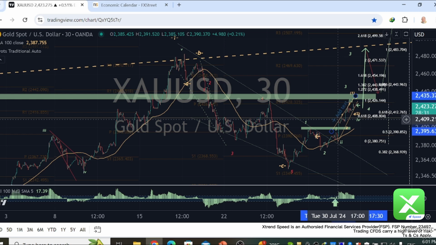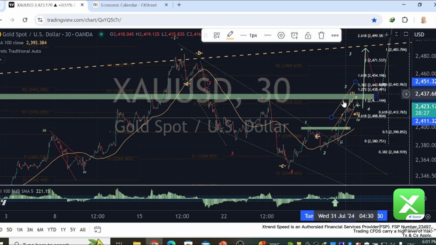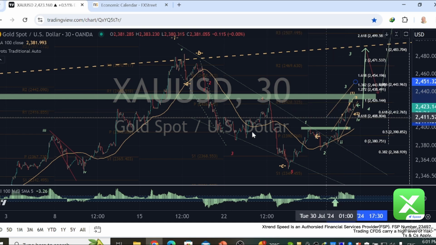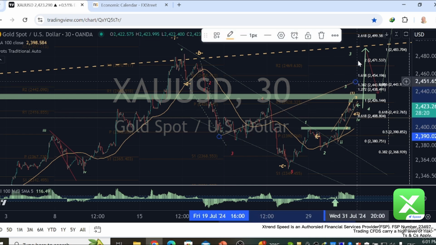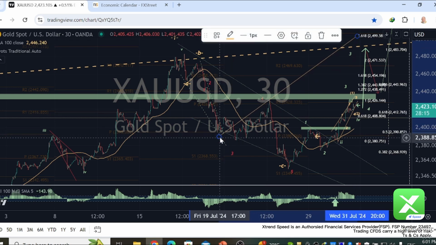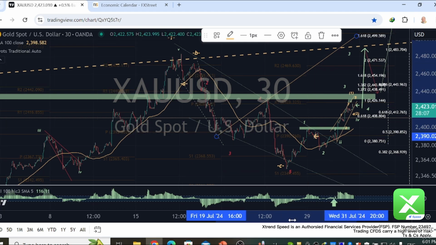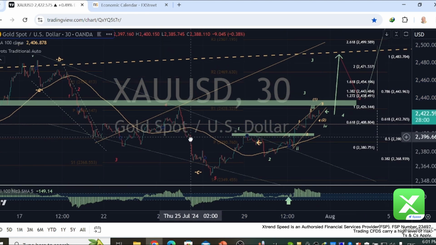If I do this, I probably immediately go to target, which is 2,500 at that point. That must be a wave 3 move, and usually it is very sudden, very strong, fundamentally driven.